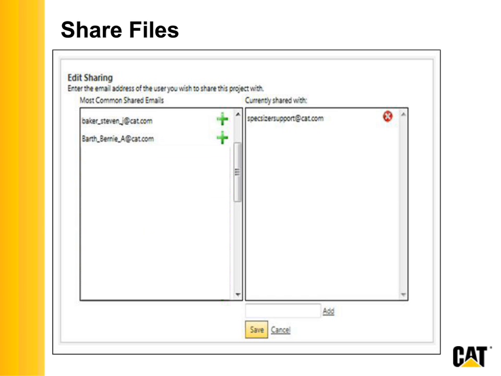Now, if in the past you shared a file with them, their email address will be archived and saved over on the left-hand side, and you wouldn't need to add their email address again down there to the left of the add command. You just simply click the green plus sign, and that moves their email address over to the right box. And then always click save, and then you share your file with them.